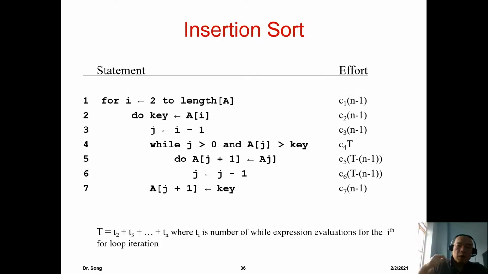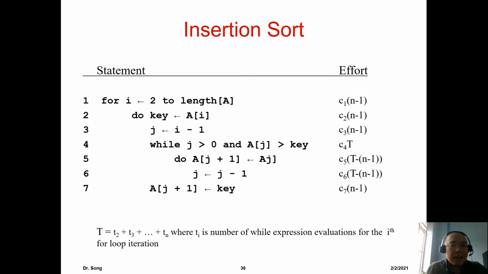Okay, so to insert each value, we may have to execute line 4 at least once, maybe many times, and then we add how many times we execute line 4 for all the values from the second value to the last value together, and that is the uppercase T.